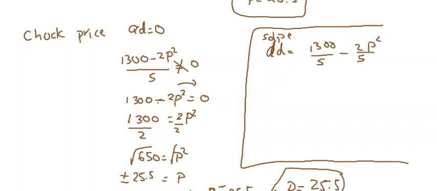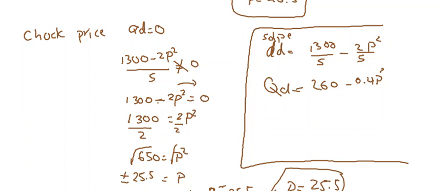So QD is equal to 1300 divided by 5, which is 260, minus 2 divided by 5, which is 0.4, so minus 0.4p squared.